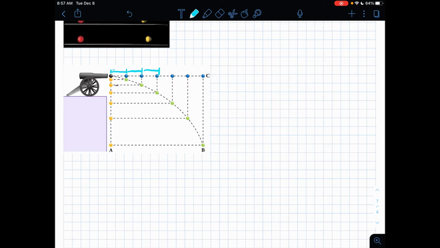So that means that the horizontal velocity of the cannonball stays constant. And this is because if there are no forces acting horizontally on a projectile, the horizontal motion will always be constant.